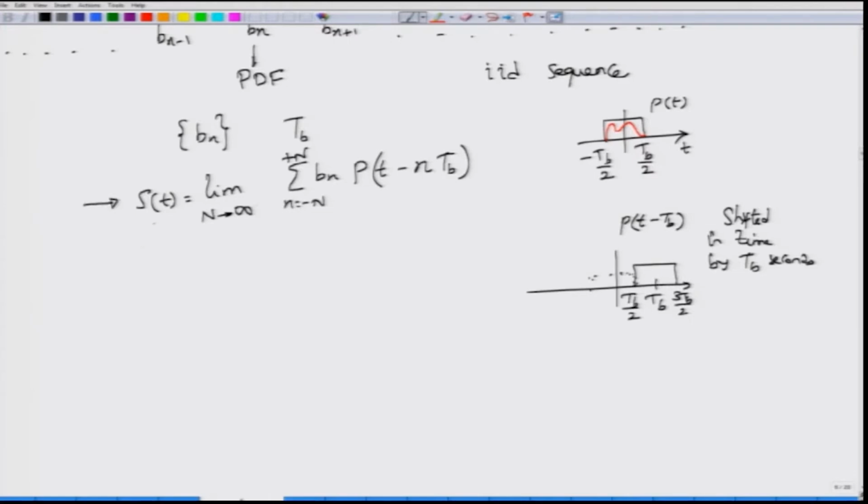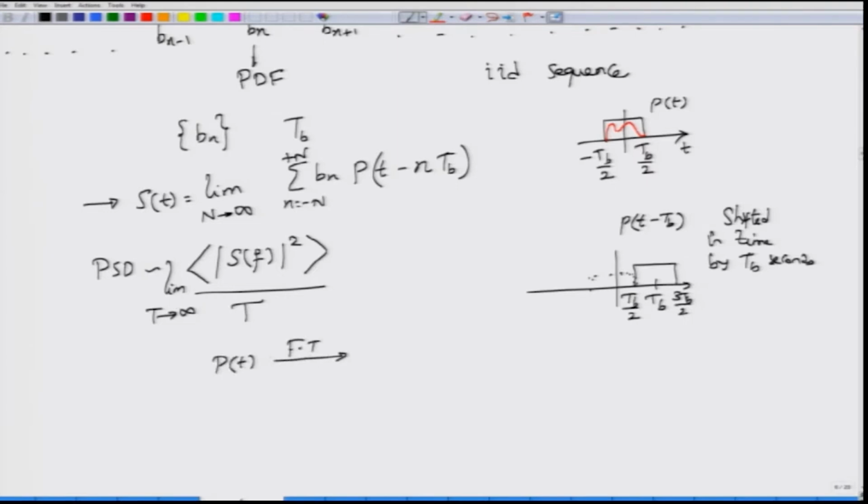Now, the power spectral density is defined as the magnitude square of the Fourier transform of this time limited signal, which is then averaged and divided by the total duration of the pulse train, and you let this total duration go to infinity. Here, if P of t is the basic pulse shape, from Fourier transform theory we know that P of t has a Fourier transform P of f.